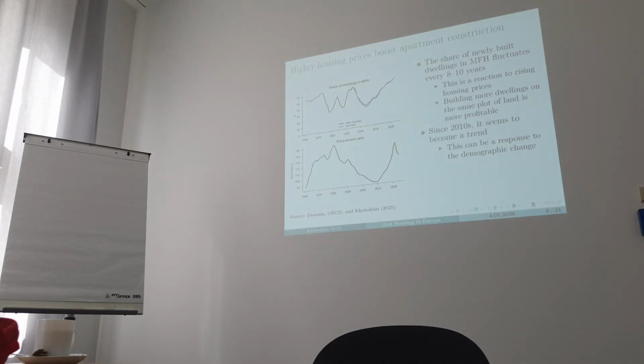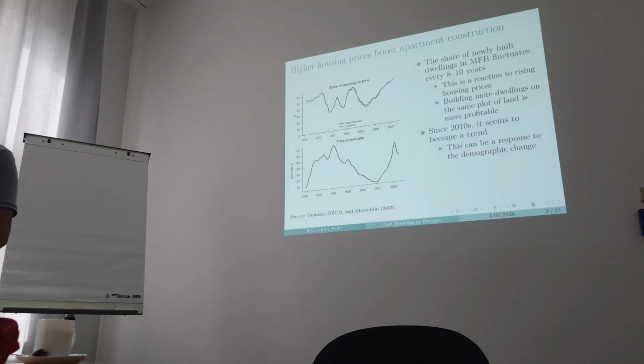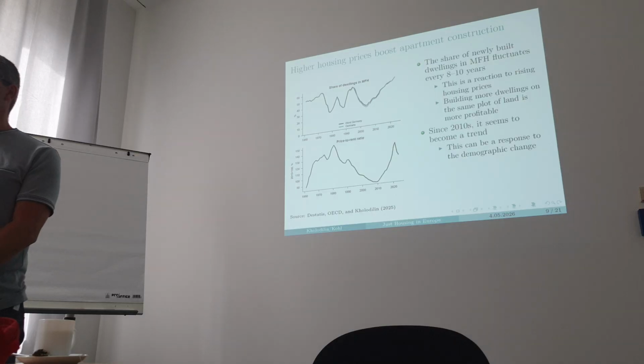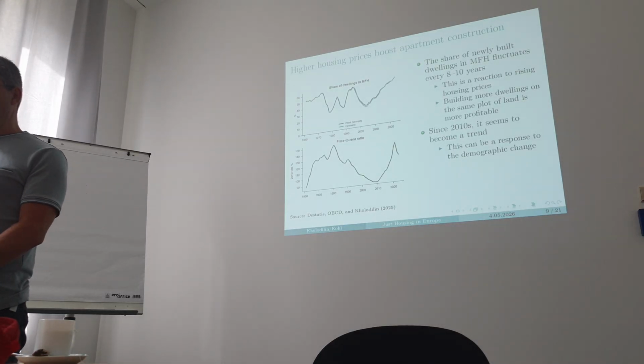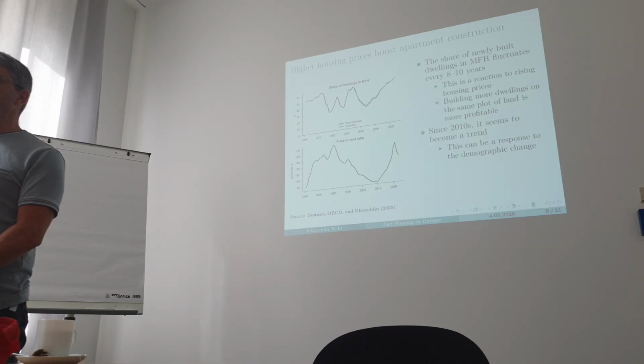And this also happened during the latest housing price boom in Germany, but also in other countries. So the idea is that when prices go up, for example prices of land go up, say in Berlin, 15 years ago you could buy a plot of land for 200 euros per square meter. Now it's more than double that.